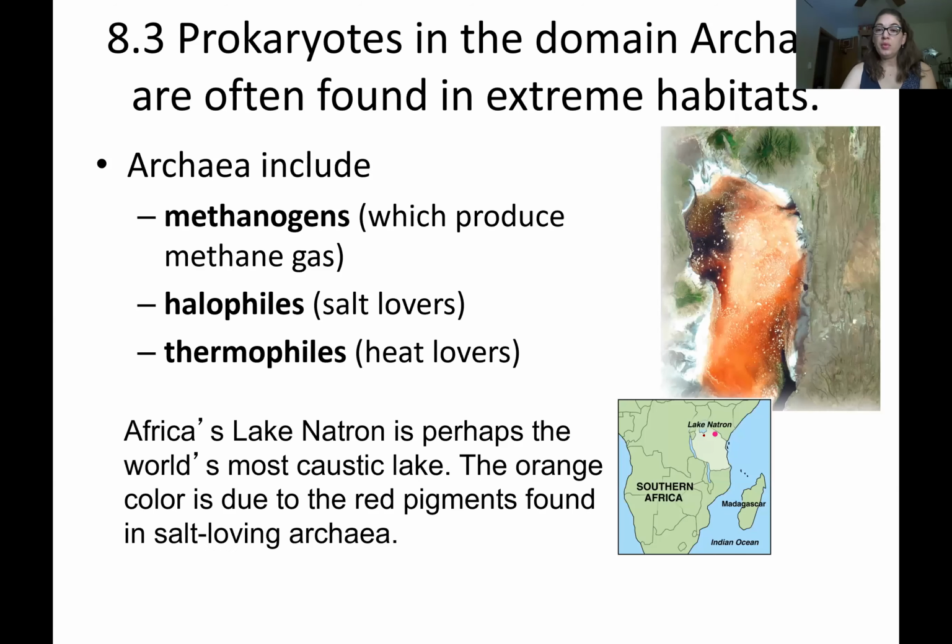One example of where you have halophiles, salt-loving archaea, is in a lake in Africa called Lake Natron. And it has this orange color. It's due to pigments found in these salt-loving halophile archaea.